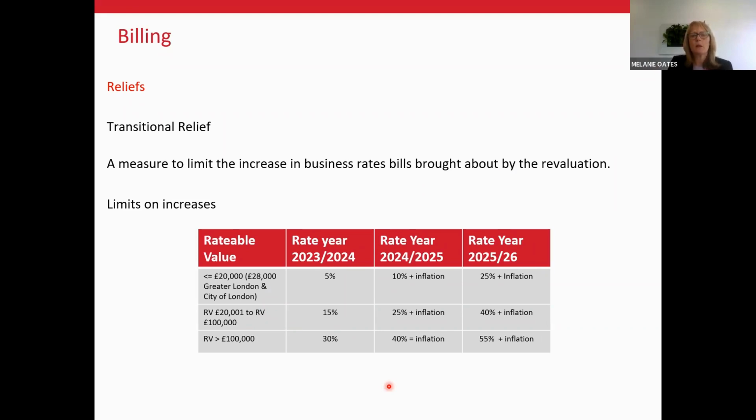Transitional phasing has existed in every revaluation, and there used to be phasing the other way, so that decreases in bills were phased in, but there's no decrease phasing this time. So if your rateable value has dropped, you should get the benefit of that reduction in the actual rateable value.